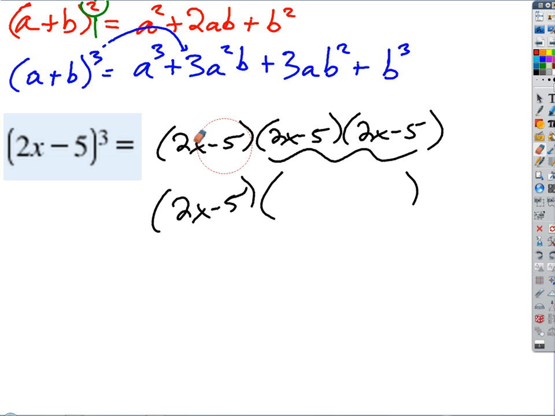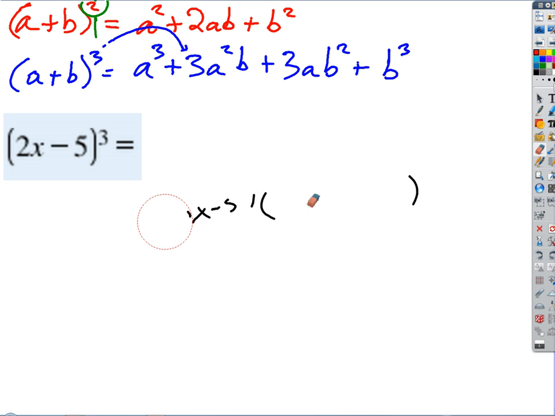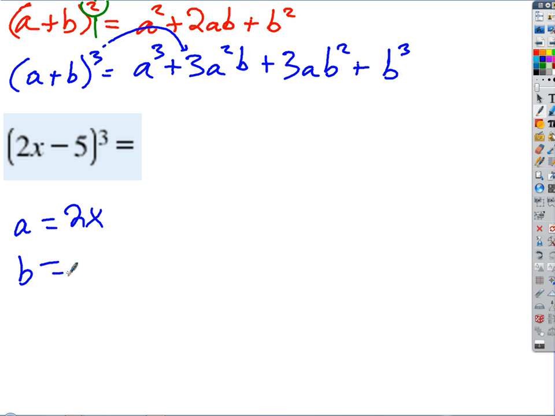Let's quickly look at how we do that. So for this pattern, in this example right here, what's A equal to? Everybody agrees, 2x. What's B? Negative 5. We're adding negative 5, aren't we? So those are the expressions that we're going to be substituting into this pattern.